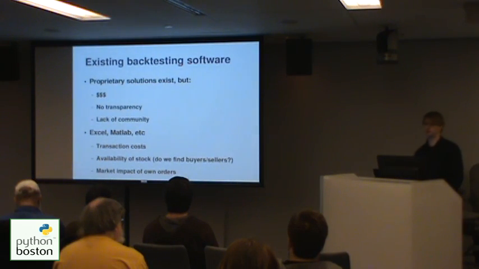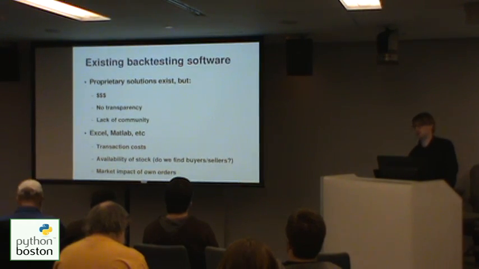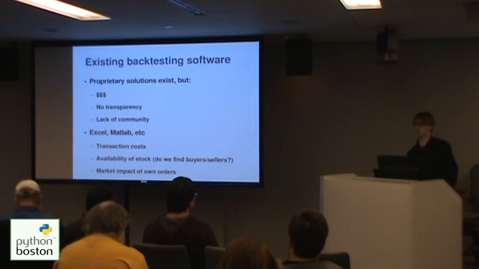So what about existing solutions? Primarily those are proprietary solutions, which are very costly and closed source. Also, they haven't really attracted much of a community. And actually, most backtesters, I think, are not even available, because a lot of serious quants just write their own.